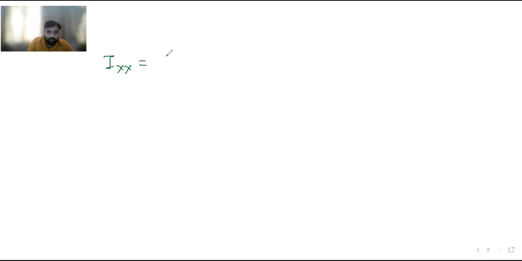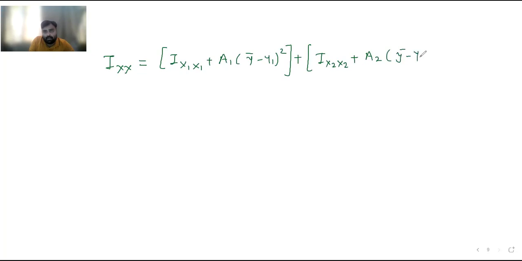So Ixx, how are we going to calculate? Ix1 plus a1 (y bar minus y1) squared. This is for the first figure. Plus for the second figure, Ix2 plus a2 (y bar minus y2) squared, plus Ix3 plus a3 (y bar minus y3) squared.